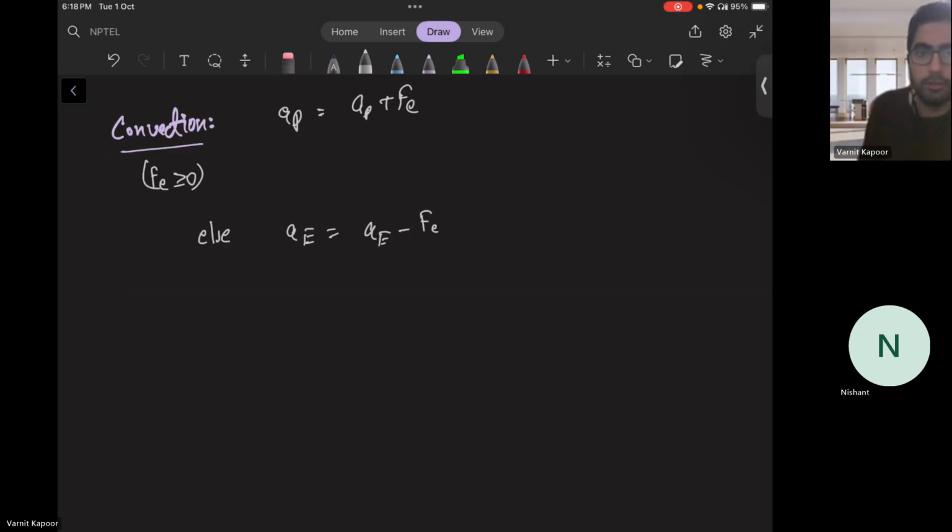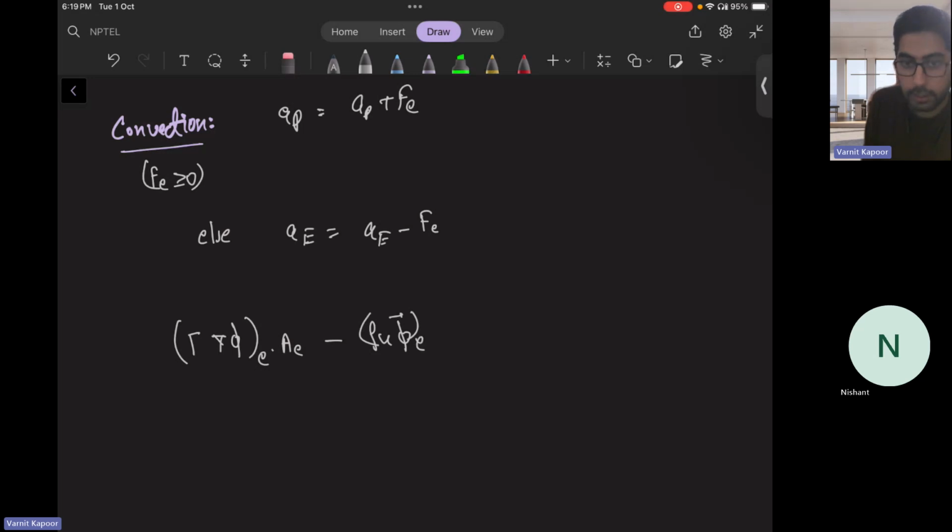So we have 4 such conditions for each of the phases: east, west, north, south. If you remember the equation, gamma grad phi east dot A east minus rho u phi of east dot A east plus other terms is equal to 0. This is your equation. Now it depends whether the flow is from left to right or right to left.